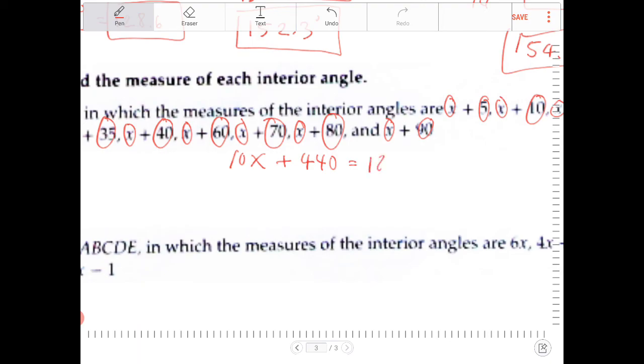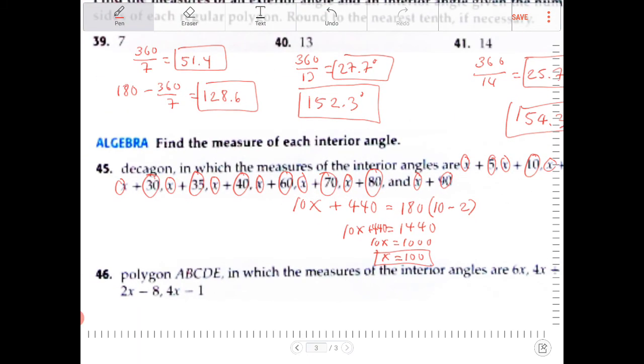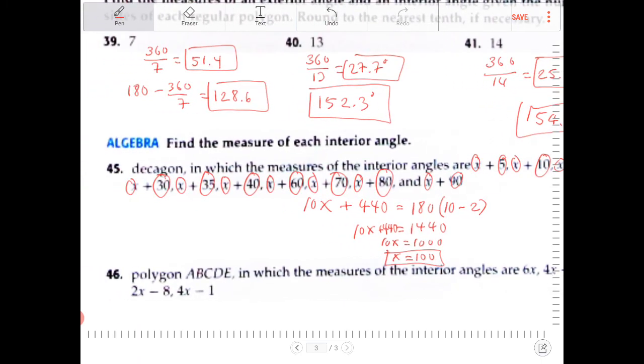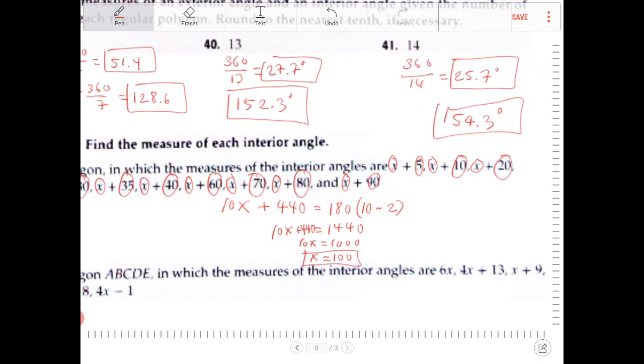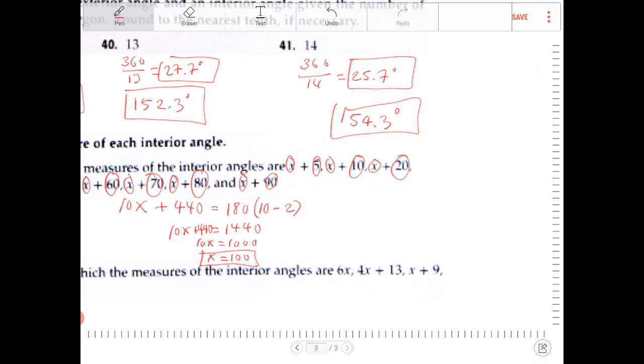This is equal to 180 times 10 minus 2, so this is 1440. Subtract both sides by 440. I end up with 10x is equal to 1,000, which means x is equal to 100.